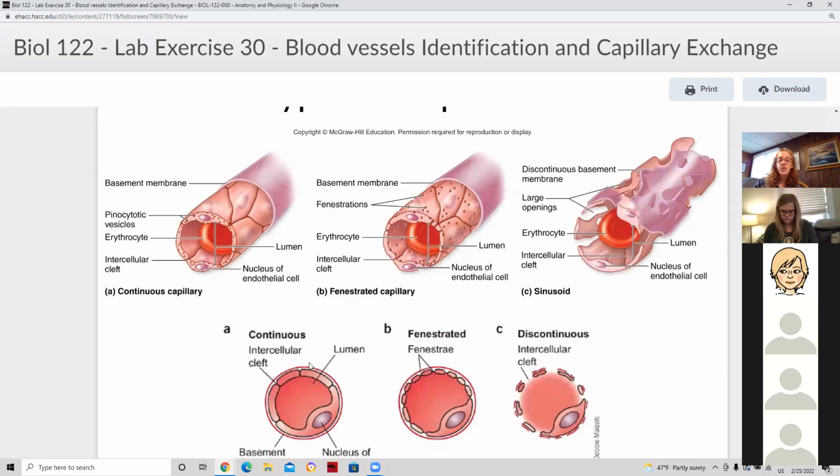Continuous means we have tight junctions between the endothelial cells and a continuous basement membrane. In fenestrated capillaries, we have little fenestrations in the endothelial cells.